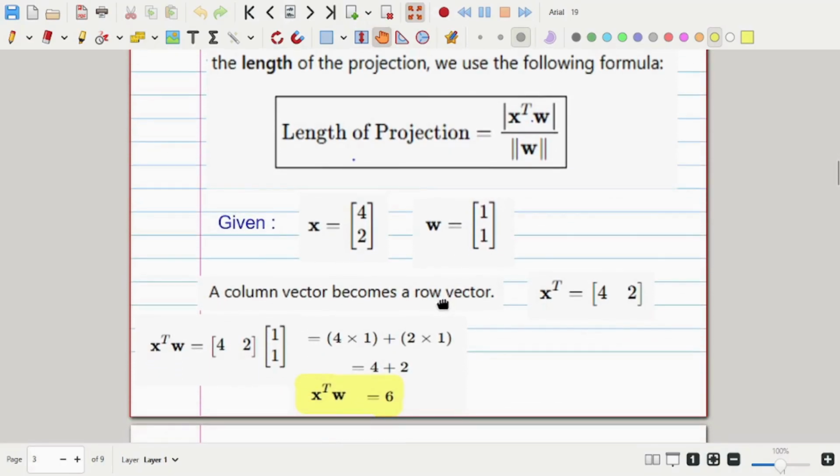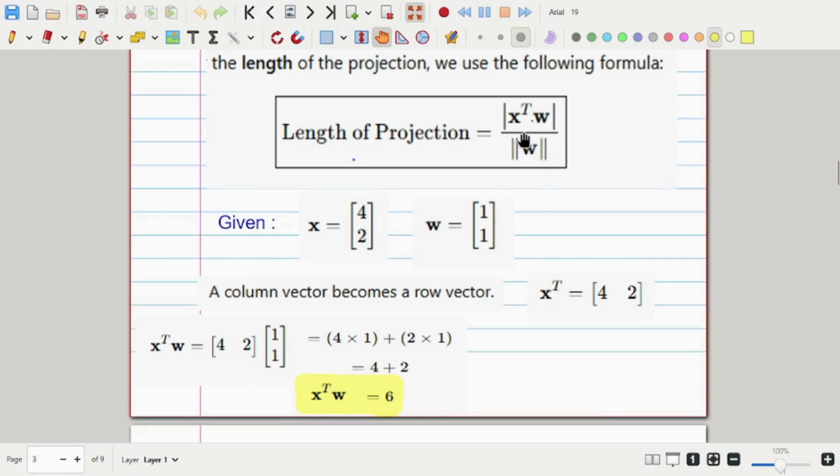They have given X as a column vector with entries 4 and 2 and W as a column vector with entries 1 and 1. X transpose means the column vector becomes a row vector. So X transpose is the row vector with entries 4 and 2.